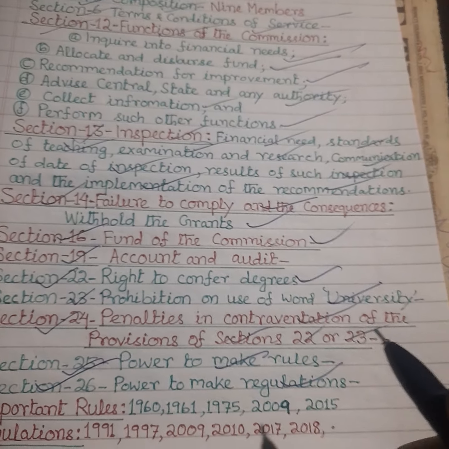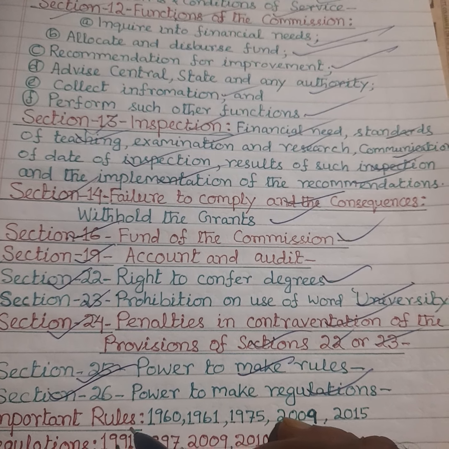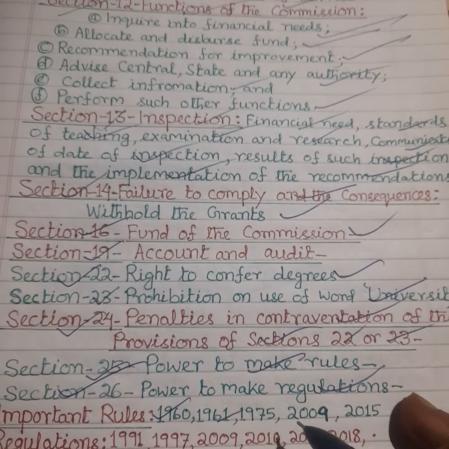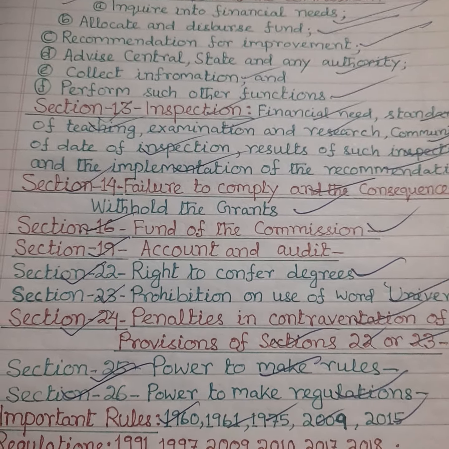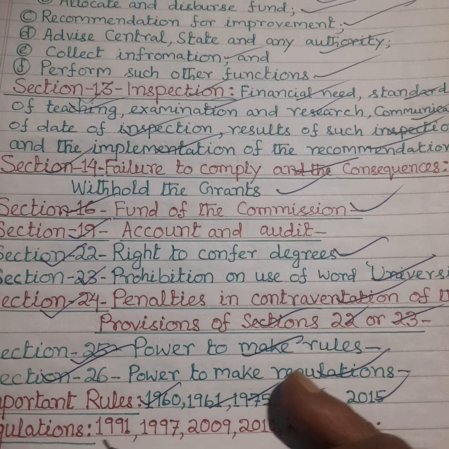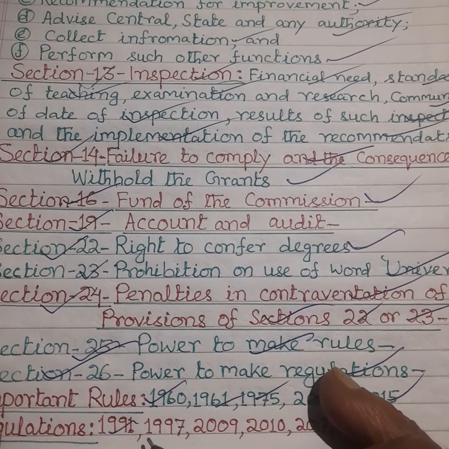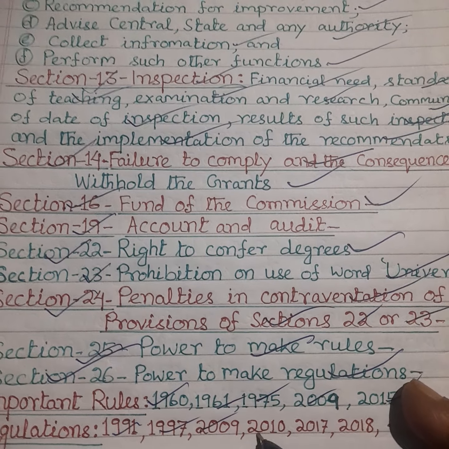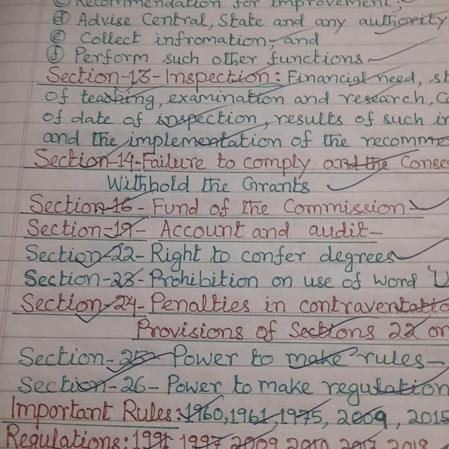So now we will discuss some important rules made by the central government, in particular the rules of 1960, 1961, 1974, then 2009 and 2015. And besides that, certain regulations made by the University Grants Commission in 1991, 1997, 2009, 2010, 2017 and 2018.